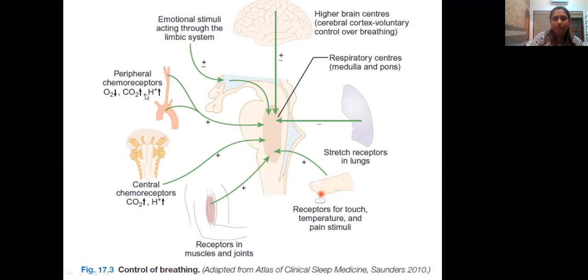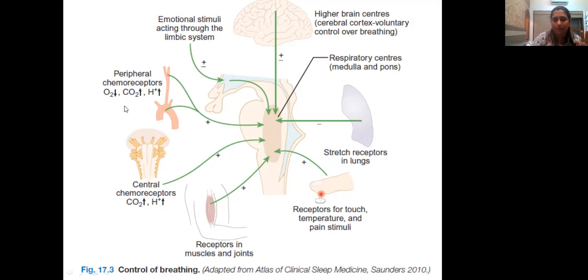So basically, both central and peripheral chemoreceptors have got a sensitivity pattern to hypercarbia and acidosis. So whenever increased levels of carbon dioxide or hydrogen ions is noted in the body, both peripheral and central chemoreceptors are going to cause a stimulatory or a positive feedback to the medulla and pons or the respiratory centers, so that we breathe more, and with that the hypoxia subsides and there is proper oxygenation and balance will be maintained.